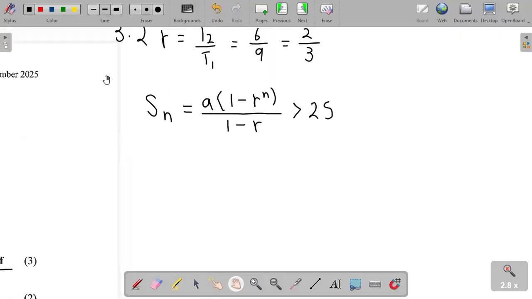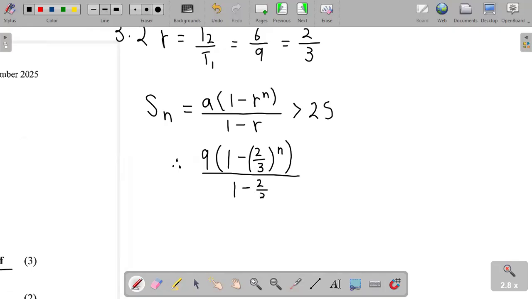So our R is 2 over 3: 9 times 1 minus 2 over 3 to the exponent n, divided by 1 minus 2 over 3, and then it's greater than 25.